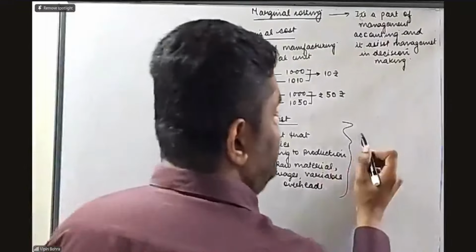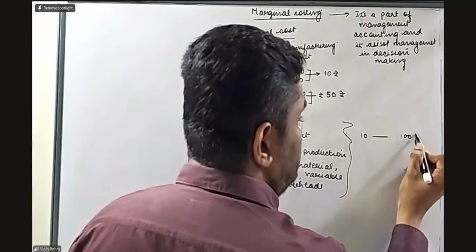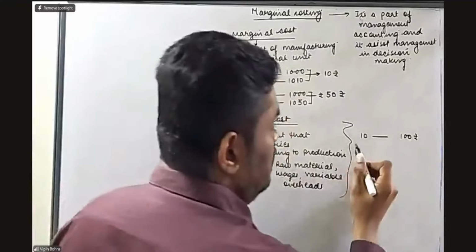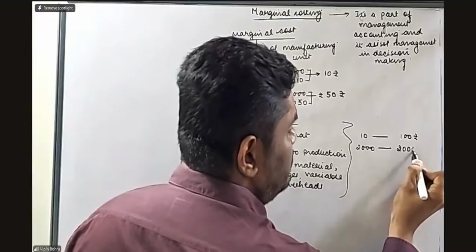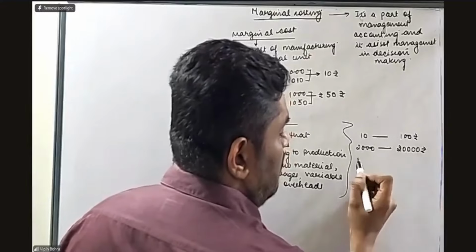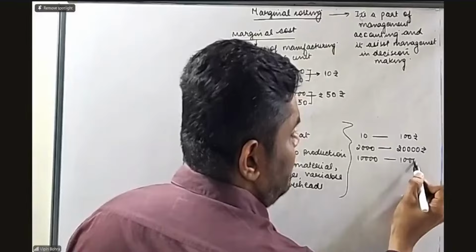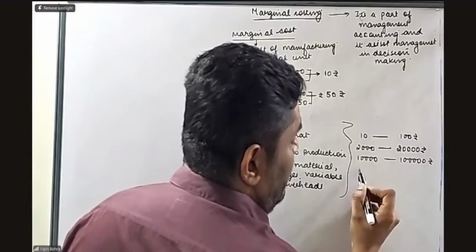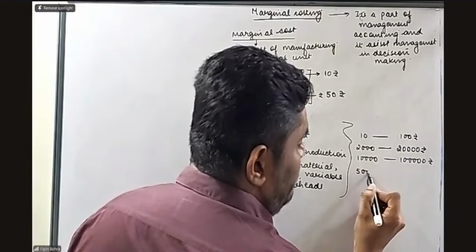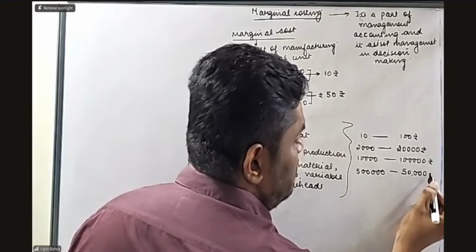Let's say I'm manufacturing 10 units and the cost is 100 rupees. So for 2000 units, the cost will be 20,000 rupees. For 10,000 units, the cost will be 1 lakh rupees. For 5 lakh units, the cost will be 50 lakh rupees.